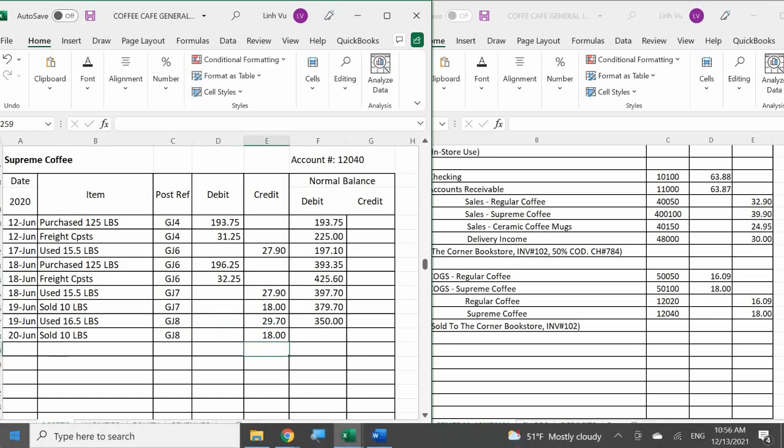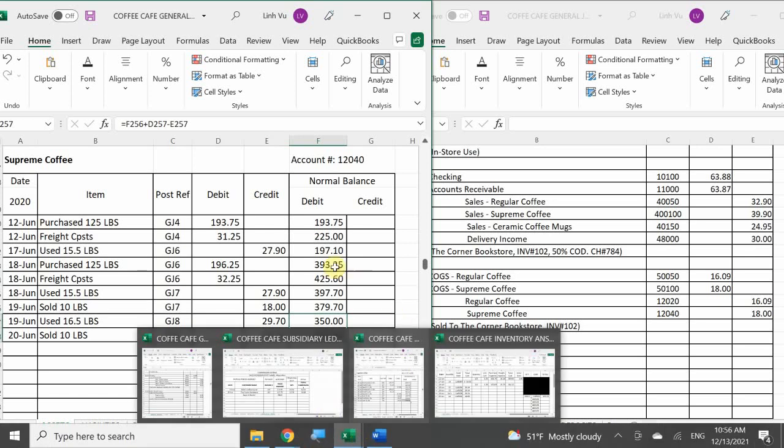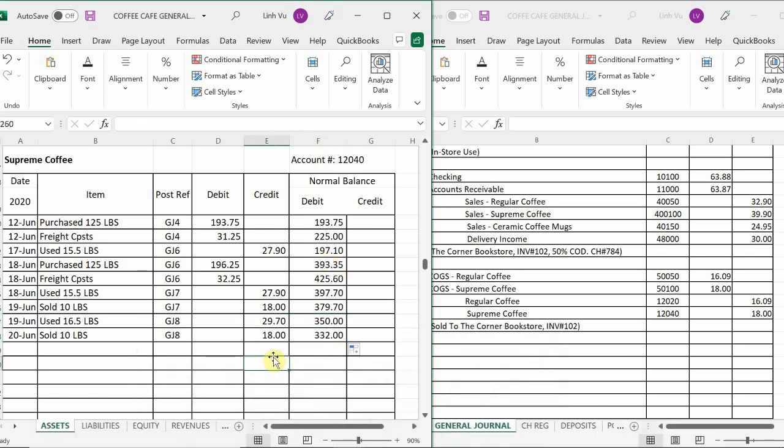So therefore, I should have a remaining balance of $332. Good. Which I know for sure matches my inventory worksheet.